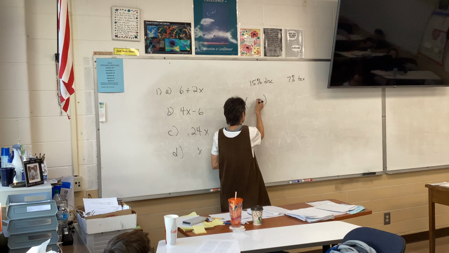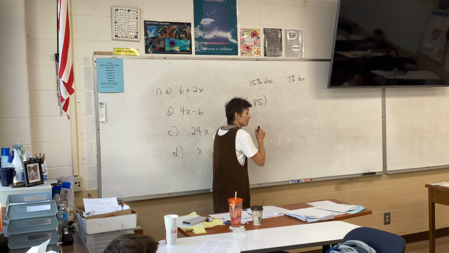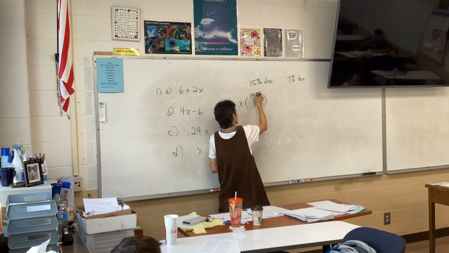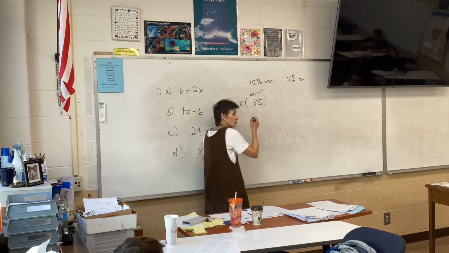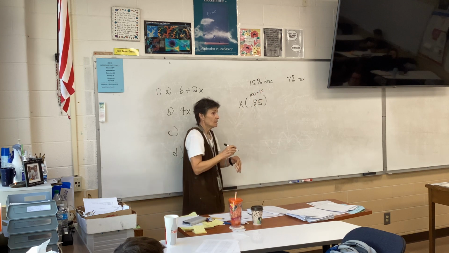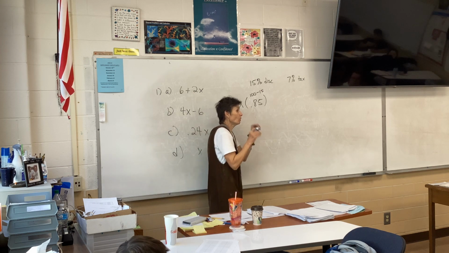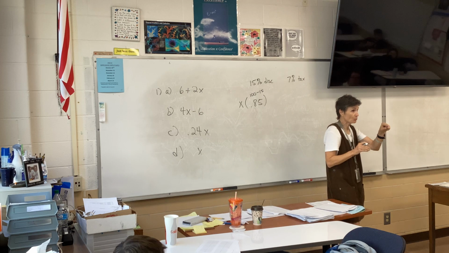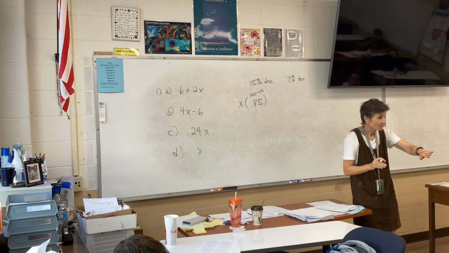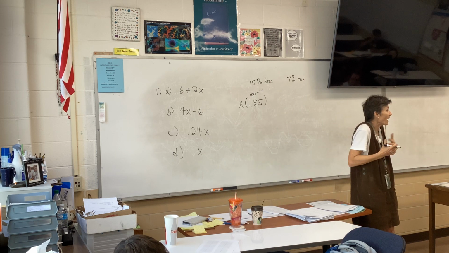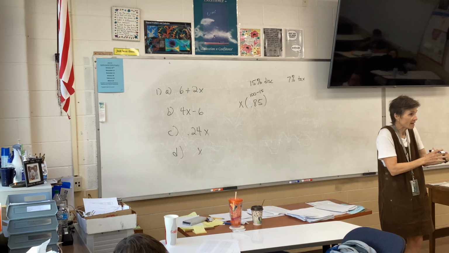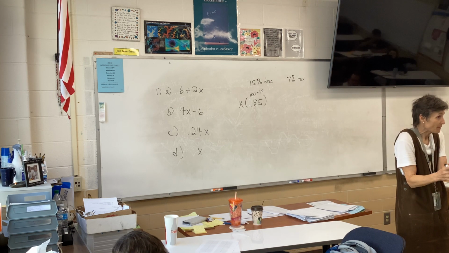So I'm gonna multiply this by 0.85 because that represents 100 minus 15%. If you multiply by 0.15, that's telling you how much to take off. I really don't care how much is coming off. I want to know what I need to pay. If I'm losing 15%, then I'm keeping 85%.